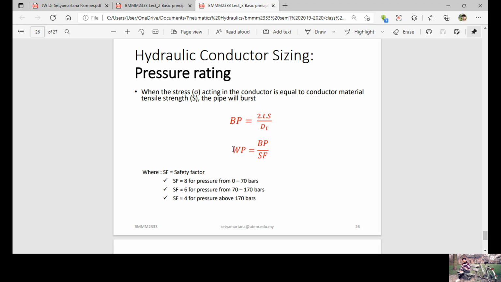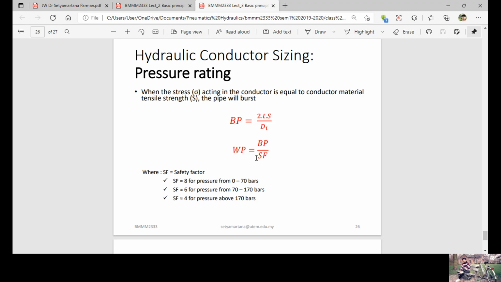And then the working pressure. The working pressure equals the burst pressure divided by the safety factor that we want for the pipe.